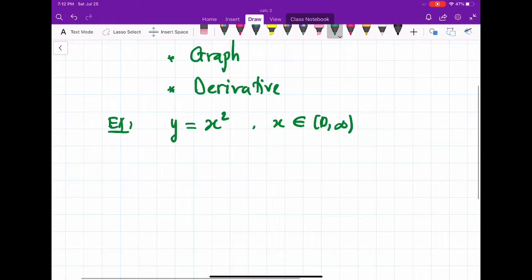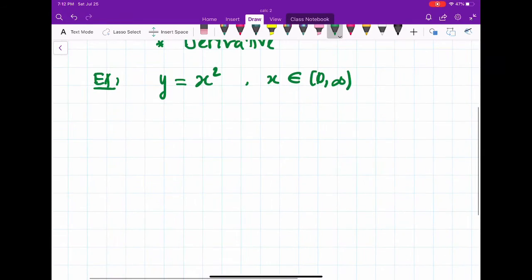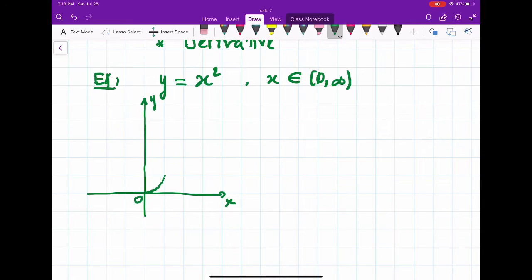I think we still remember the case of this function because the parabola is a very special case, right? For this parabola, the graph has two parts. The first part corresponds to all values of x which are non-negative, means from here.